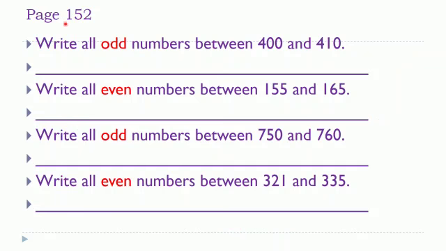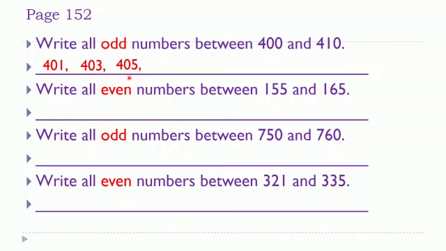Now on page number 152, they have asked us to write all odd numbers between 400 and 410. Okay, so for odd numbers we have to remember the last digit should be 1, 3, 5, 7 or 9. So after 400, the odd number will be 401. Then 403.